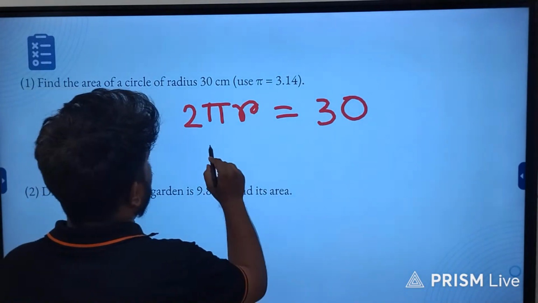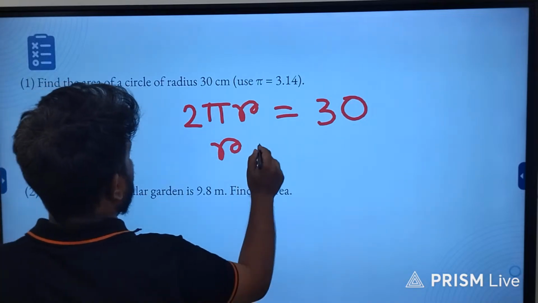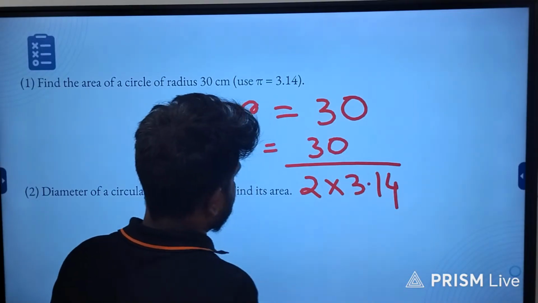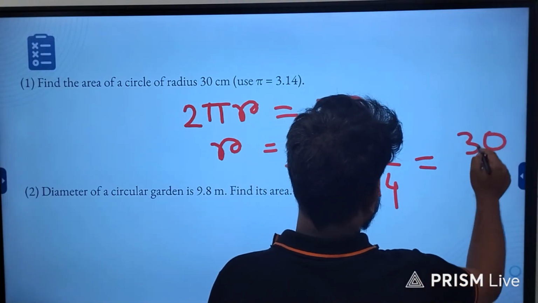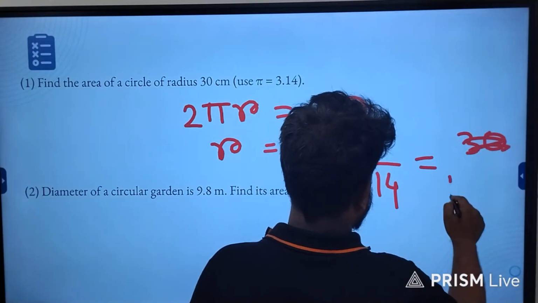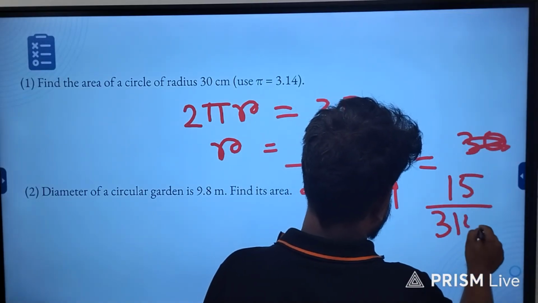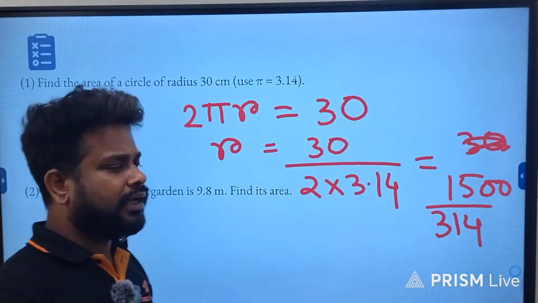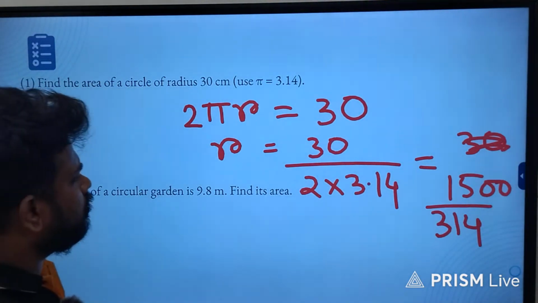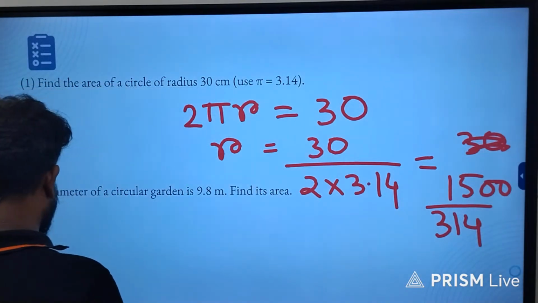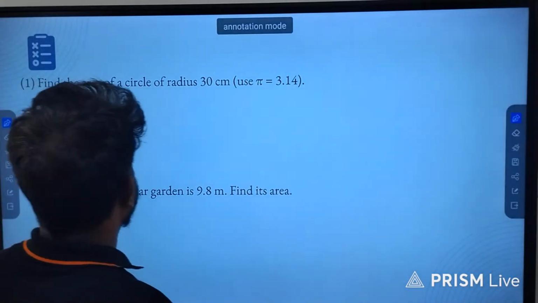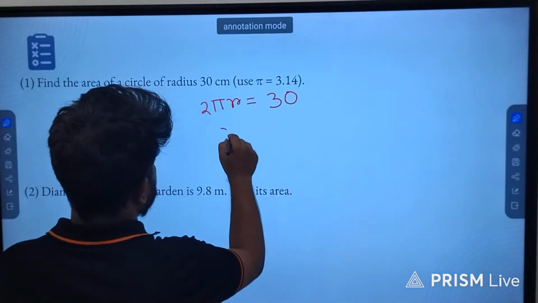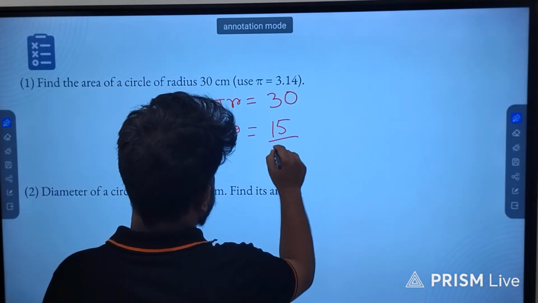So from that we will get the value of r. 2 pi r equals 30, so r equals 15 by pi.